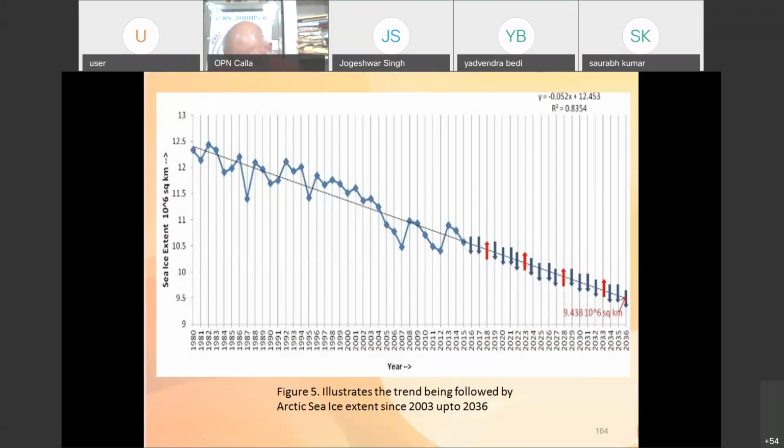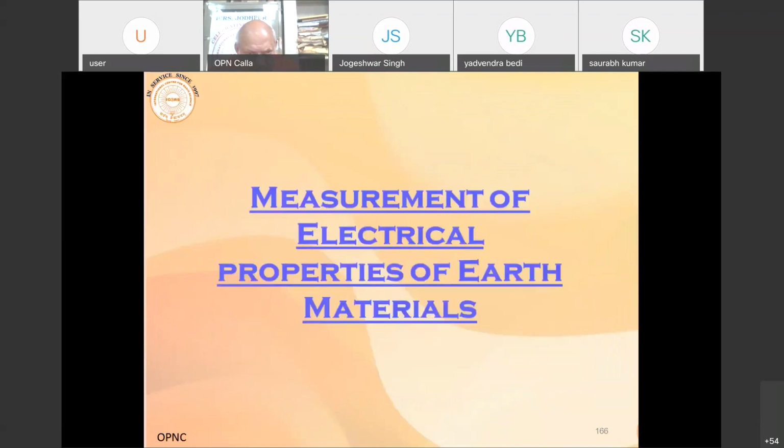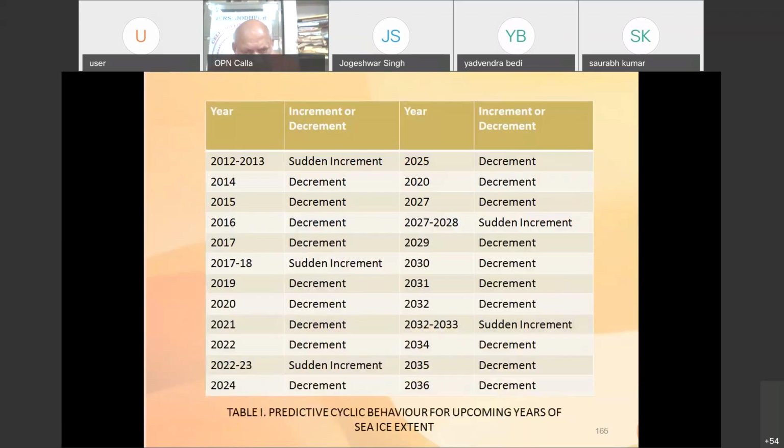Then this one is plotted. You see here, from 12.5, it has come down to 9 point something in 2036. So by this time, the total Arctic ice will be melting, and beyond that we will have a problem with the ice. So there is a decrement of this one.